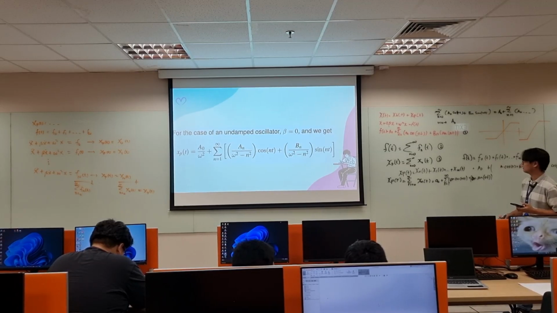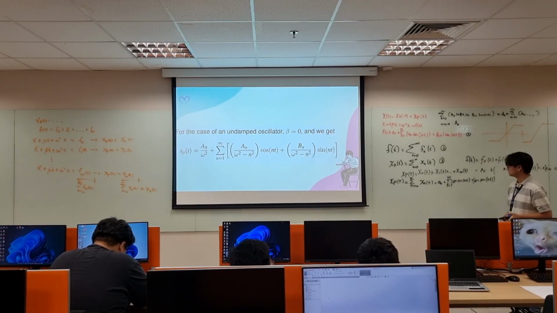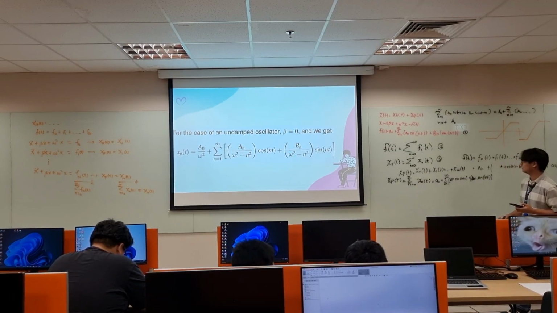How do you get A0, an, and bn? You have to first recognize whether it is even or odd. Don't push to get an, bn directly. Is it an odd function or an even function? This is an odd function.